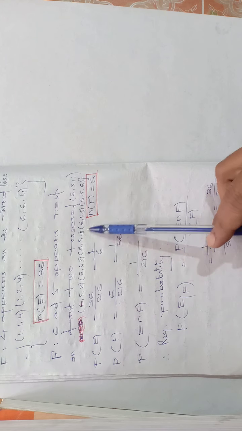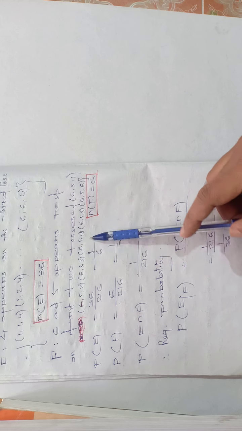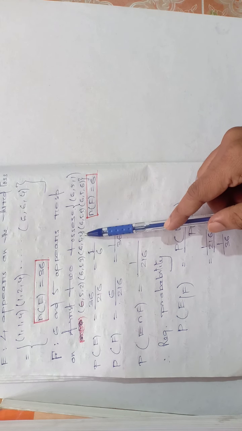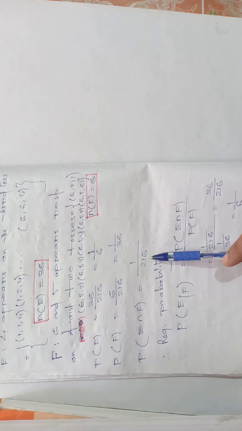And there is a common element for P of E intersection F, right? P of E intersection F is equal to 1 by 216, because there is only one common element, 654.